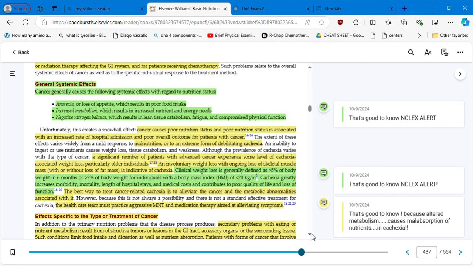General systemic effects. Cancer generally causes the following systemic effects with regard to nutrition status. Anorexia, which is the loss of appetite, right? That is going to result in poor food intake. Increased metabolism, which results in increased nutrient and energy needs, because if we don't have proper nutrition, the body is going to start to speed up the metabolism.